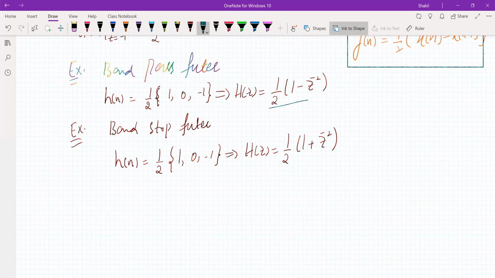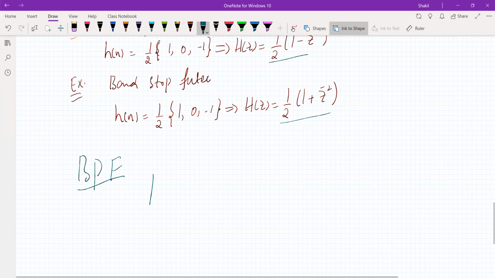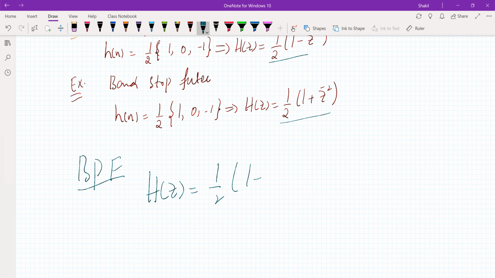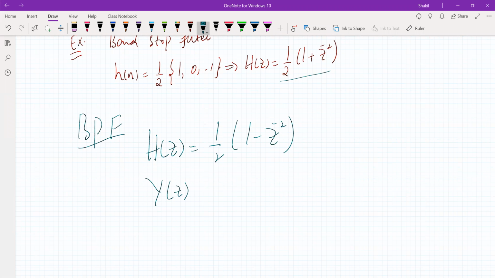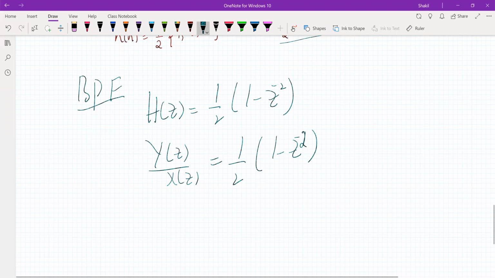Same way you can do it for these two. So let me do it for the band pass filter. h of z is equal to 1 by 2, 1 minus z to the power minus 2. So y of z by x of z will be equal to 1 by 2, 1 minus z to the power minus 2.